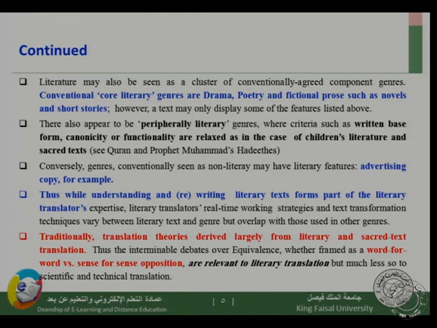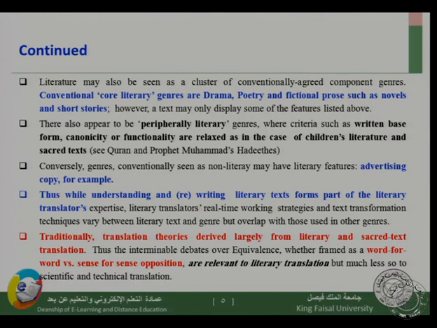In addition to these types of literary texts, people consider sacred texts as part of literary writing.